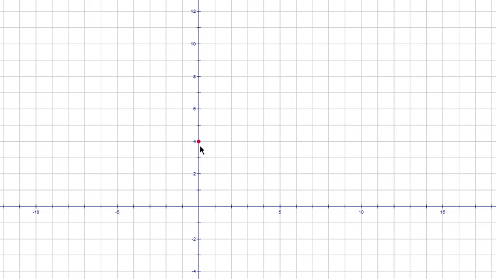Since it is positive, it tells us to go up 4 units from the y-intercept. We don't go back to the origin to start over.